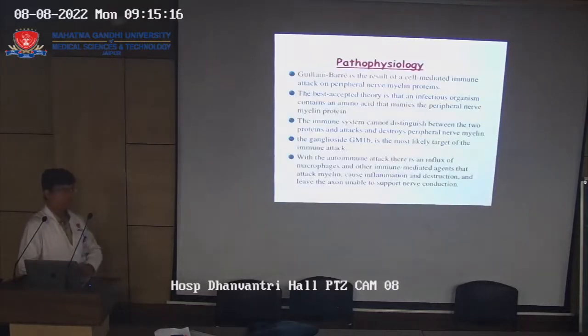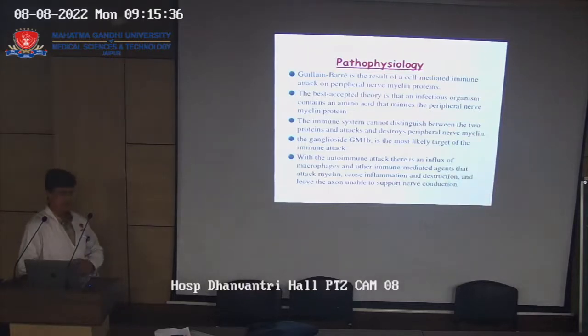Now come to the pathophysiology, how GBS occurs. GBS is the result of a cell-mediated immune attack on the peripheral nerve myelin proteins. So there is a myelin sheath. Every nerve, whether it is a central nerve or a peripheral nerve, is surrounded by myelin.